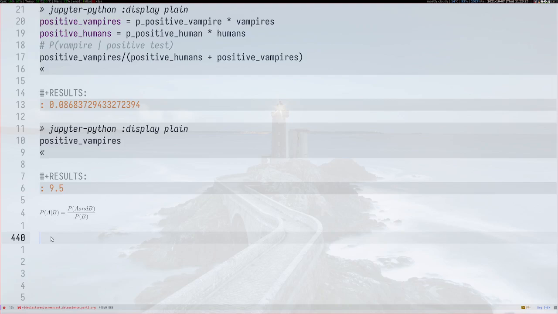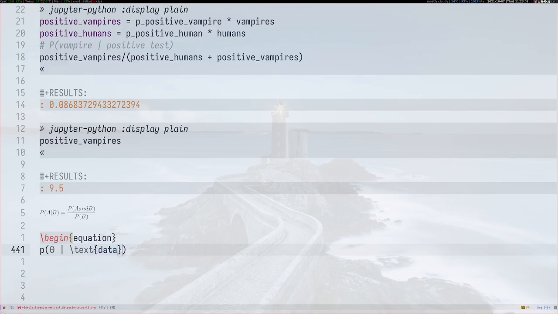The way we're going to use Bayes equation in the analysis is as follows. We're interested in the probability distribution of my parameter, or parameters for that matter, given that I have some data.